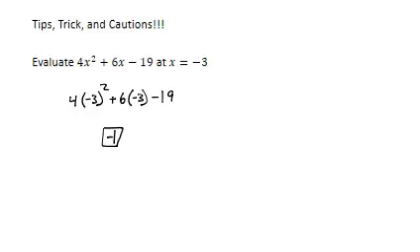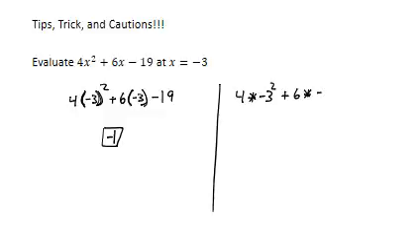Now, the question is, what happens if I don't put things in parentheses, if I don't follow that tip? Then I would enter it into my calculator as 4 times -3 squared plus 6 times -3 minus 19.